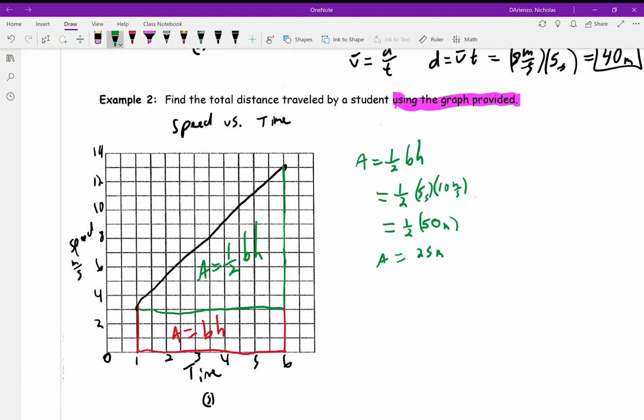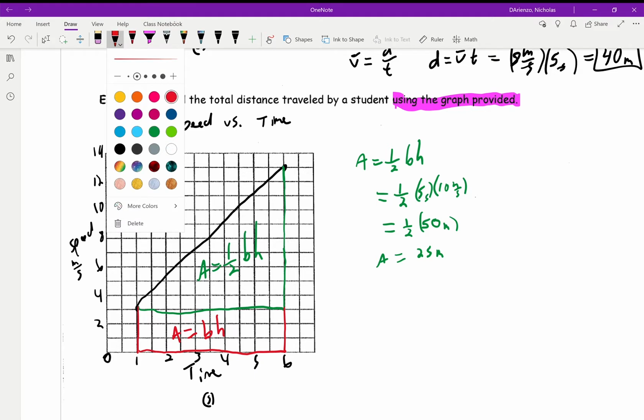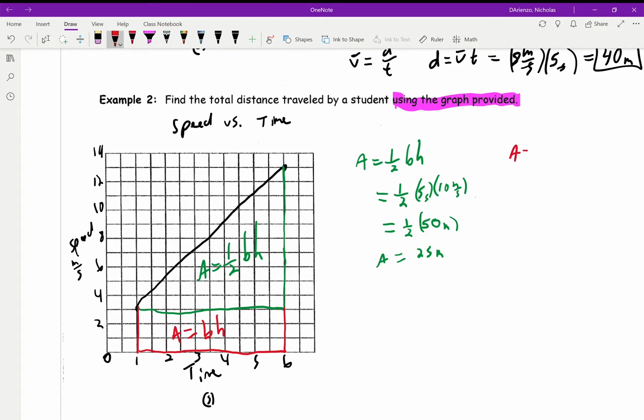Now we're going to combine that with the result that we get from the lower rectangle, where the area was equal to the base times the height. The base of this rectangle would be the same as the base of the triangle, which would be 5 seconds. The height's going to be a little bit different. It's going to be 3 meters per second. 5 times 3 comes out to 15 meters.